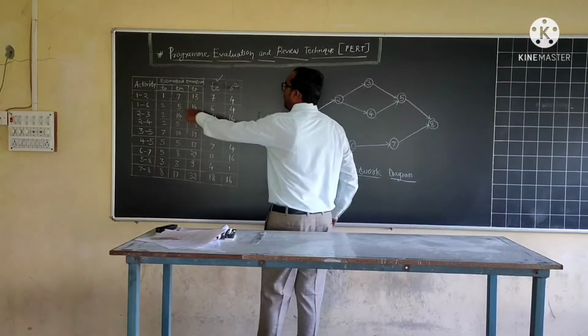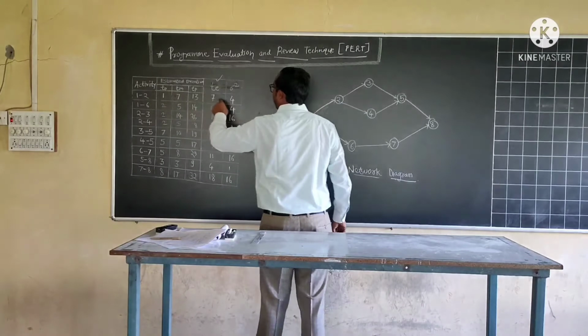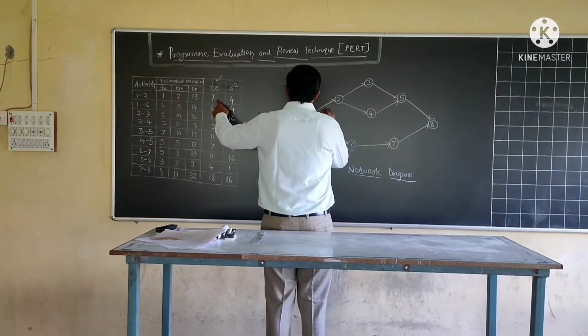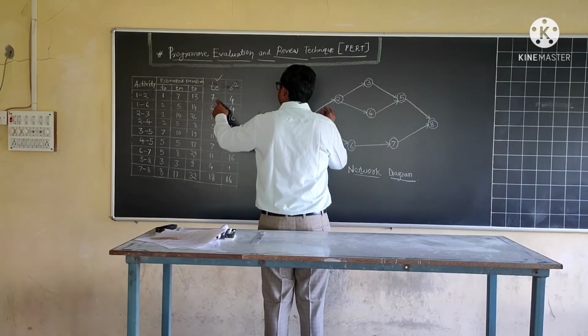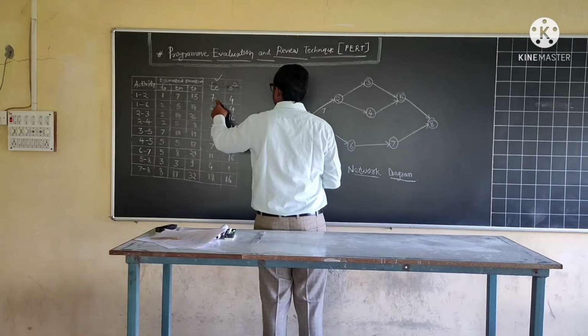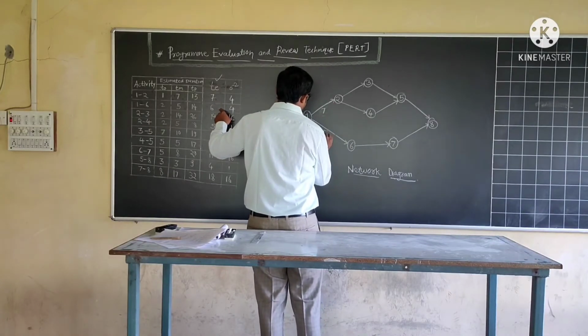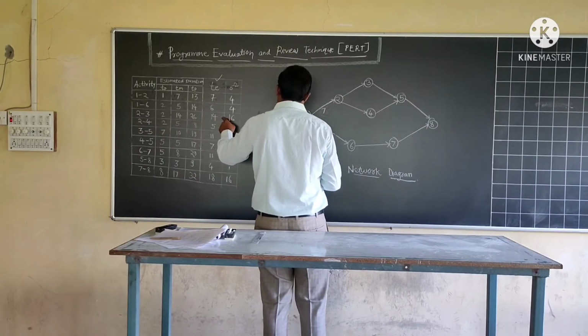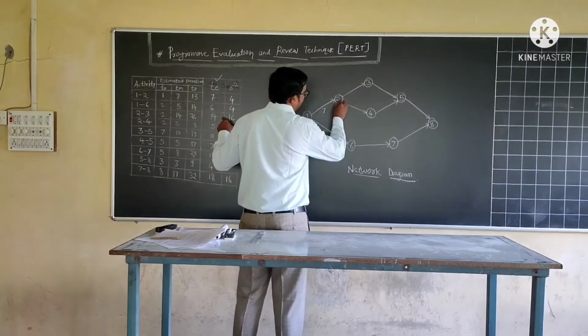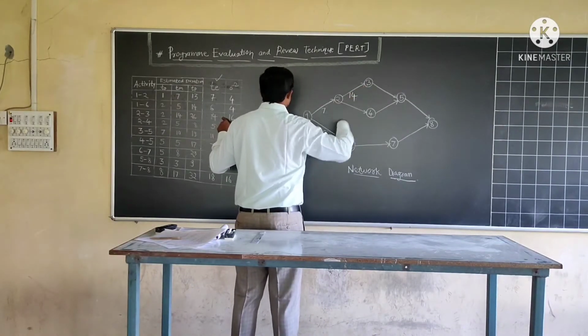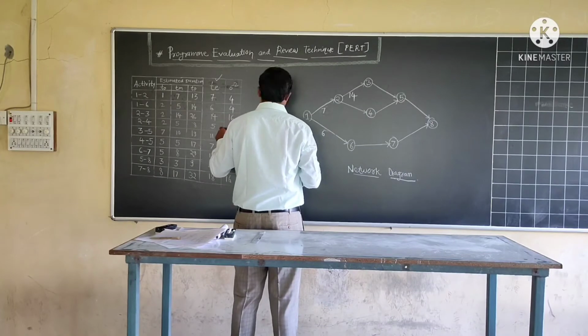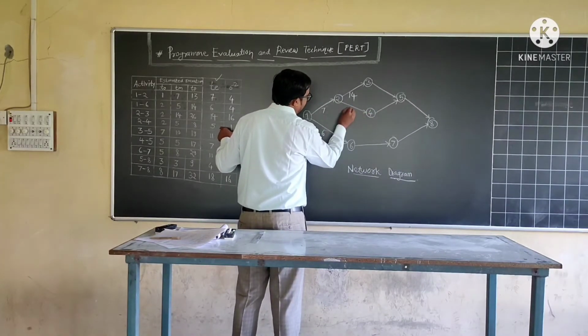For example, activity 1 to 2 has an expected time of 7 days or 7 weeks. 1 to 6, 6 days. 2 to 3, 14 days. 2 to 4, 5 days.